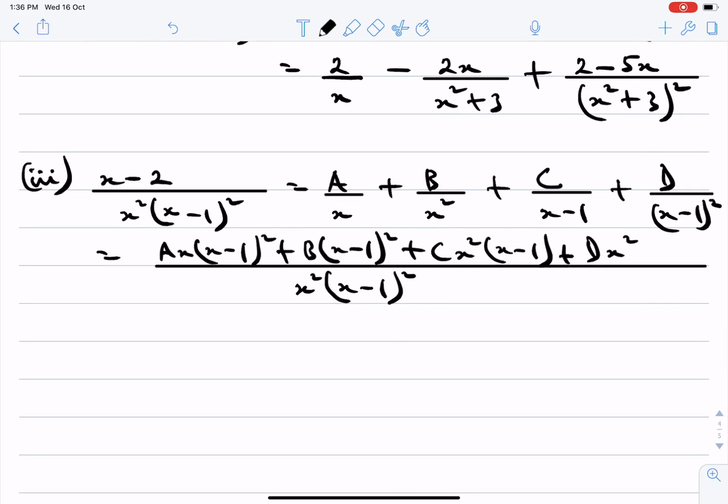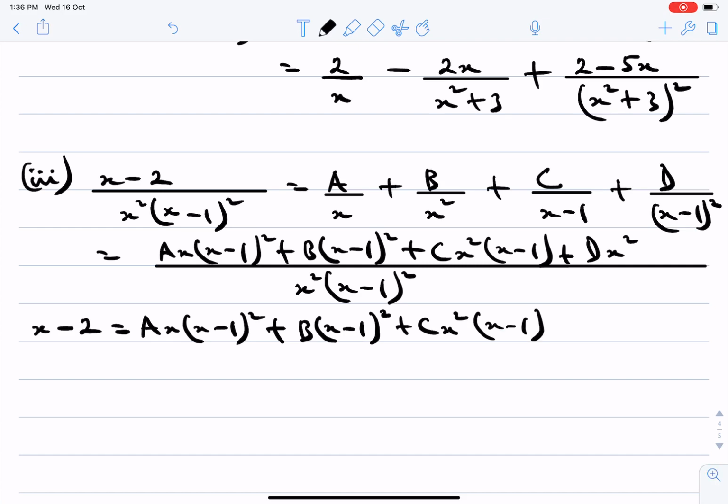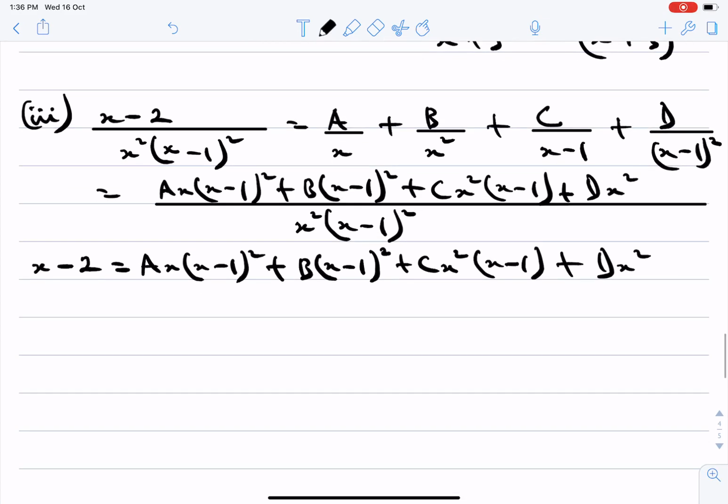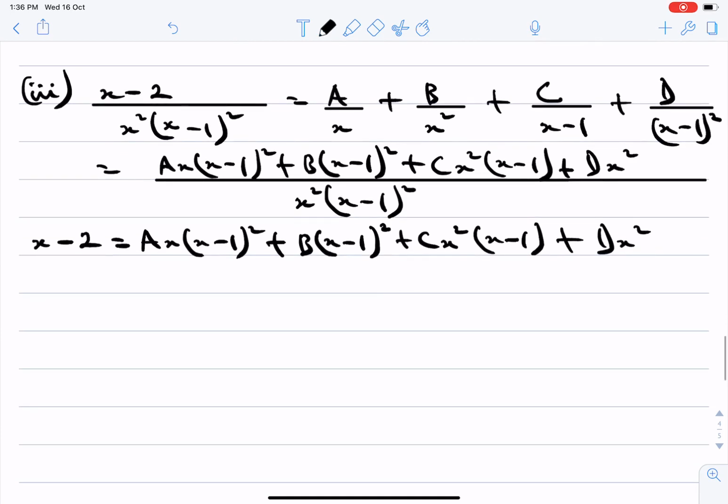Denominators are the same, and that means numerators are also equivalent. x minus 2 is equivalent to ax(x minus 1) squared plus b(x minus 1) squared plus cx squared(x minus 1) plus dx squared. So, is there any value I can put for x to solve for any of your unknowns?